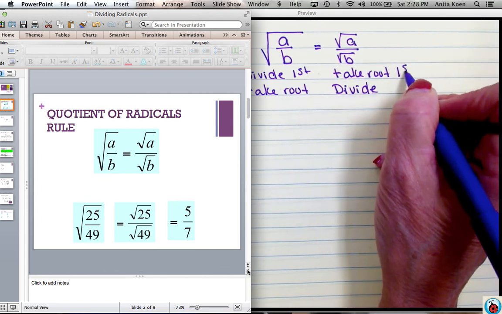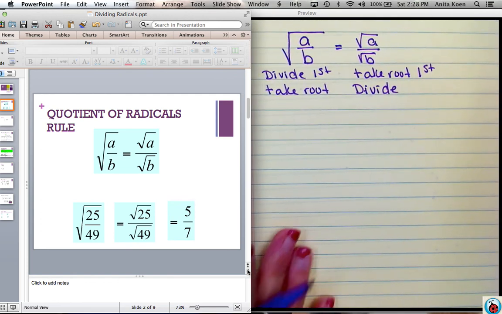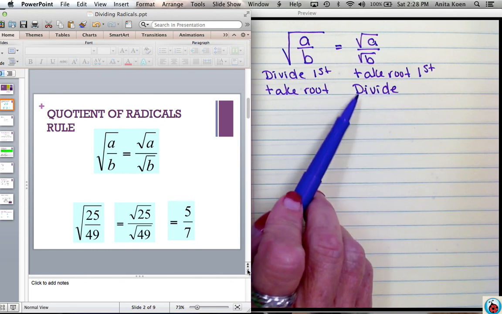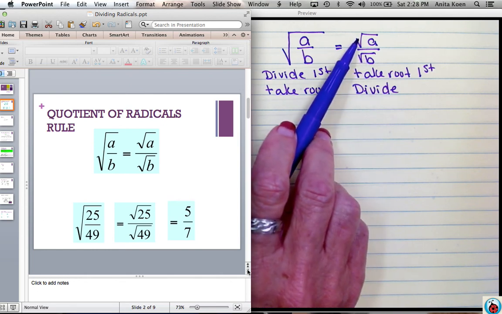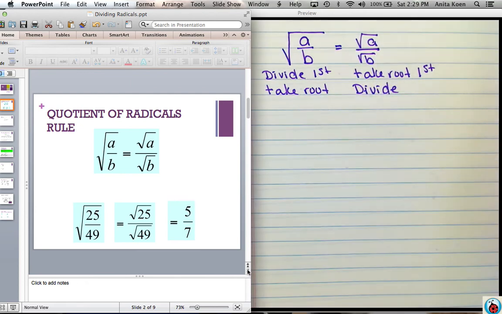It doesn't matter which way I do that. I can either divide first and then take the root, like this side, where I'm dividing a by b first and then taking the root, or I can take the root first and then divide, like this side, where I'm taking the root of a and the root of b and then dividing those.